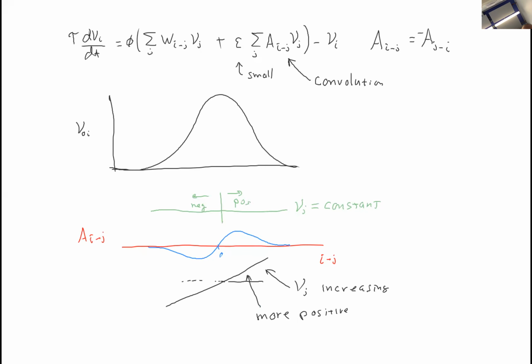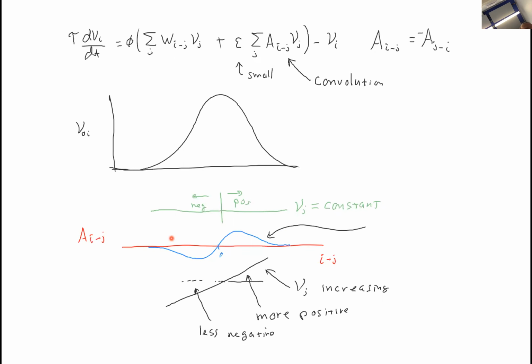Because this is bigger and sort of less negative. Okay. So where the slope of nu j is increasing, this sum tends to be positive. So basically we can say, for this particular curve, and A i j is really going to be either like that or like that.